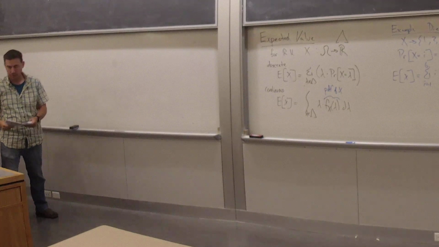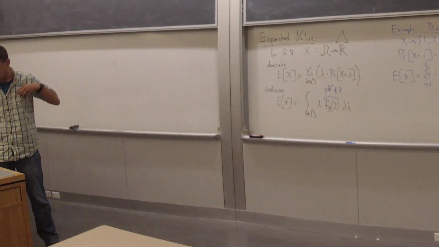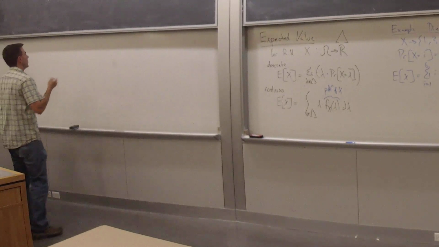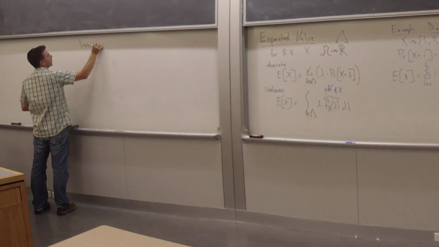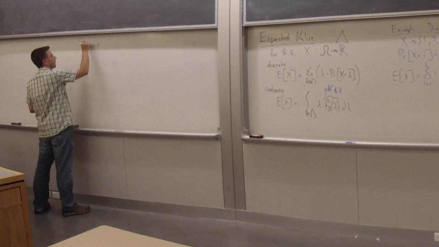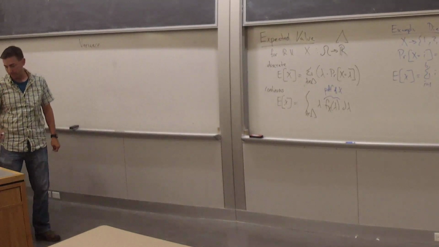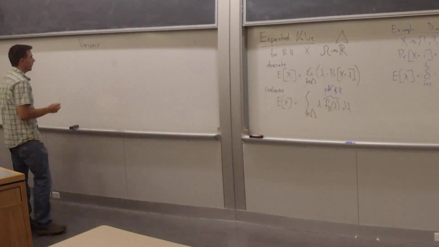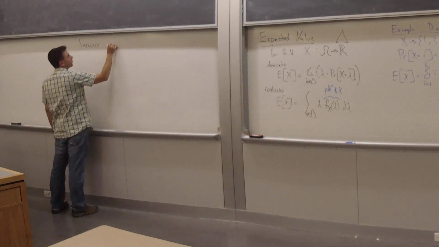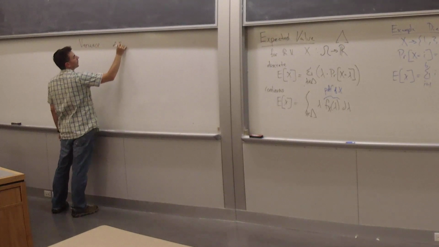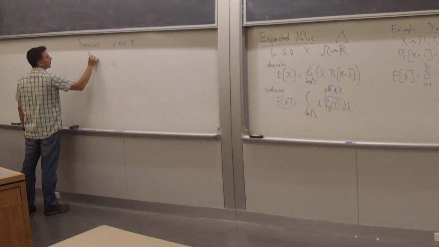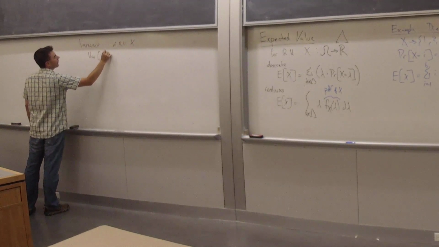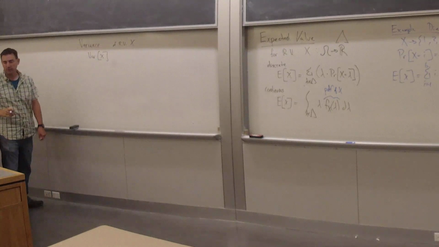Okay, so the next concept you've seen before is the variance. The variance is defined for a random variable x, and we'll write it in this class as var of x.